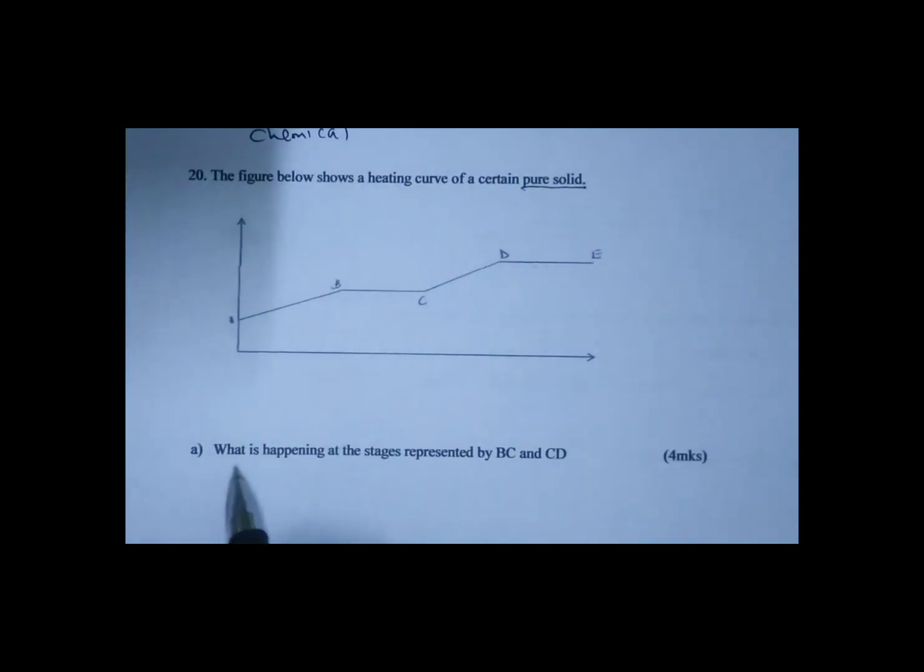So the figure below shows a heating curve of a certain pure solid. Remember, pure substances have sharp melting and boiling points. We are supposed to explain what is happening at the stages represented by BC and CD. BC, there is no increase in temperature. That means temperature remains constant as the solid melts.